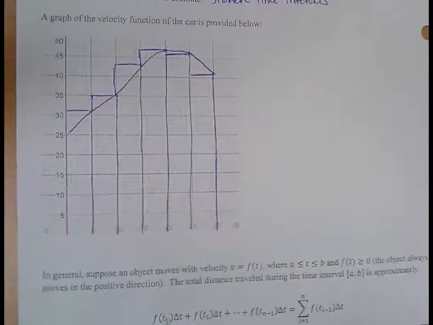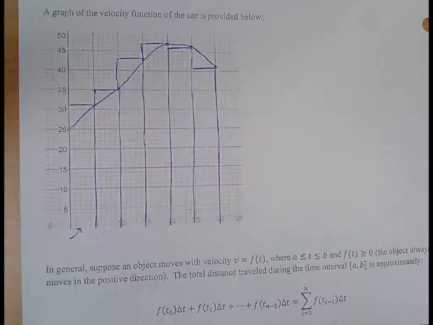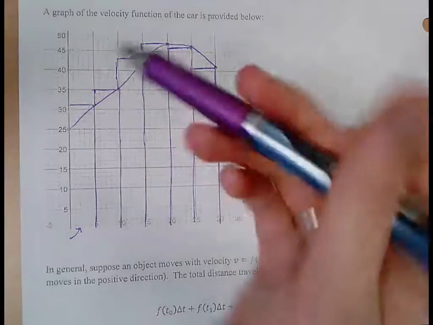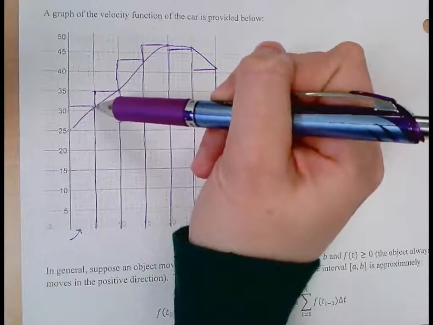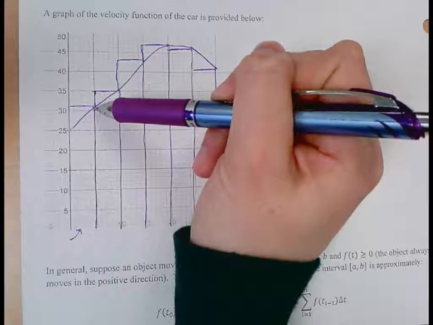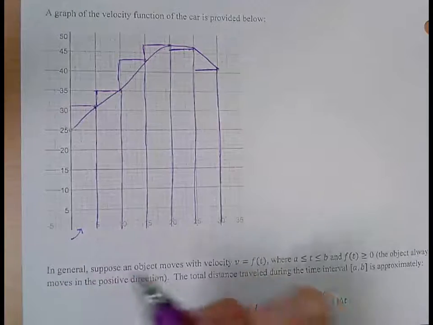If you find the area, we'll just look at the first one. They all have a width of 5 seconds. The height of that first rectangle is the function value when t is 5. From the previous page, that height was 31.